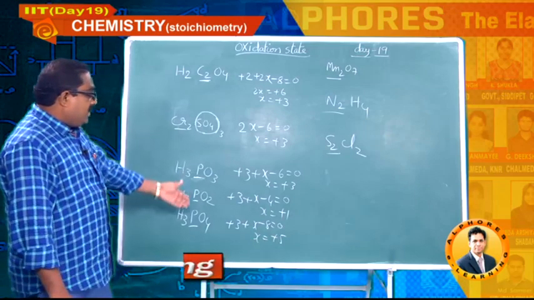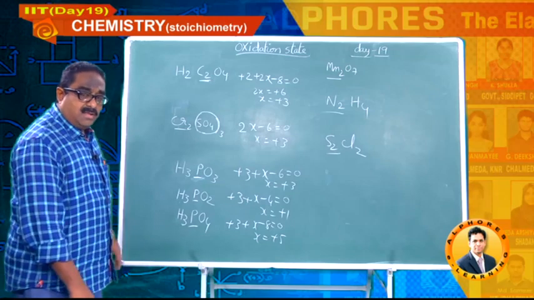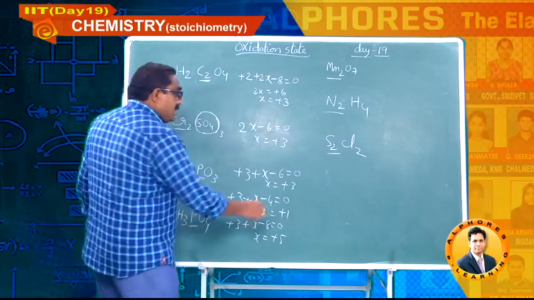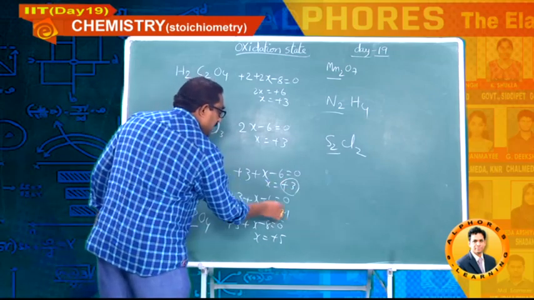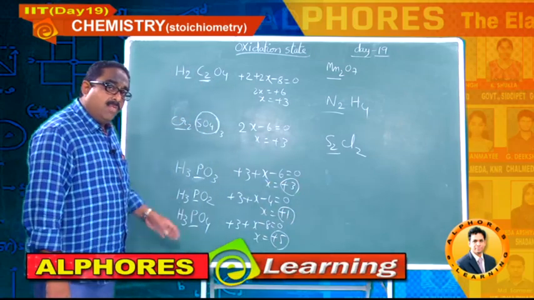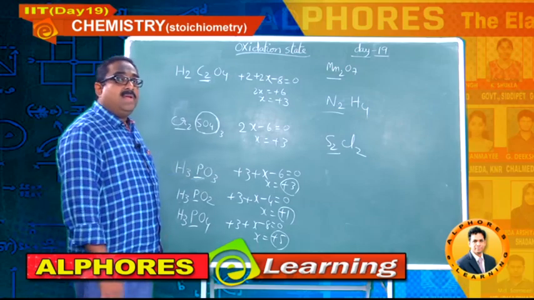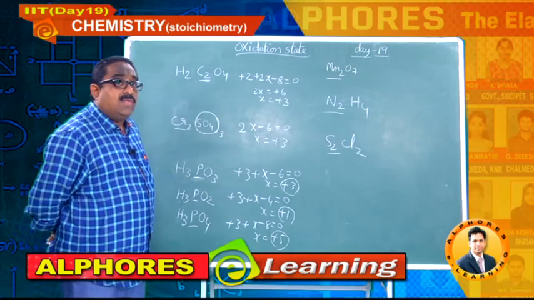Here I am blindly considering oxygen as normal oxygen, using minus 2 for all oxygens. All these oxidation states of phosphorus, plus 3, plus 1, plus 5, are allowable and permissible, because phosphorus belongs to the 5th A group.